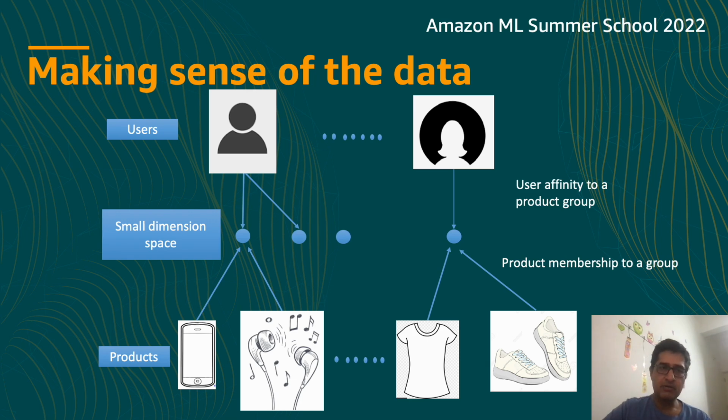So essentially what you do is you take your users and map them onto a smaller dimensional space. You take your products similarly and map them onto another smaller dimensional space. Now the users and products interact with each other in this smaller dimensional space.